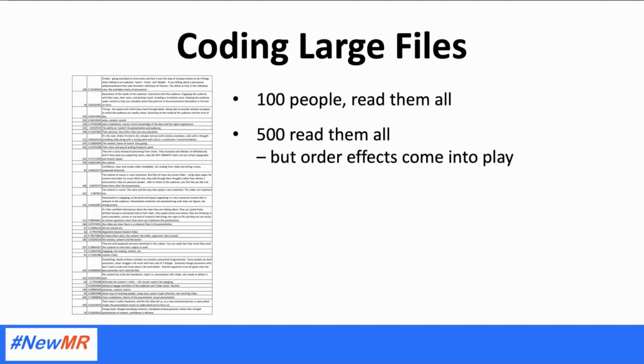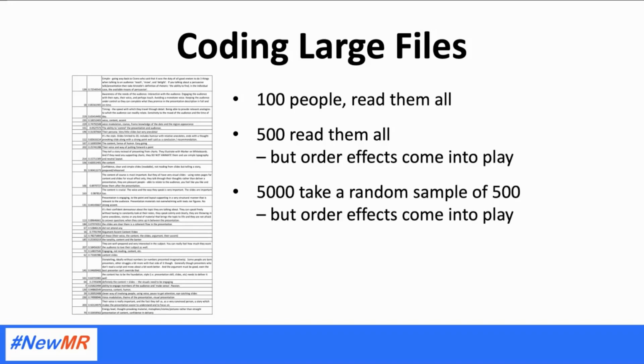Now, that could be a regional thing. Imagine you're doing it in the United States, you start the study at 9 o'clock in the morning, East Coast time, you're going to get more East Coast data in the front end of your survey. So there can be some real issues about order effects. If you're looking at documents, it's going to be biased towards the front and the start of those documents.